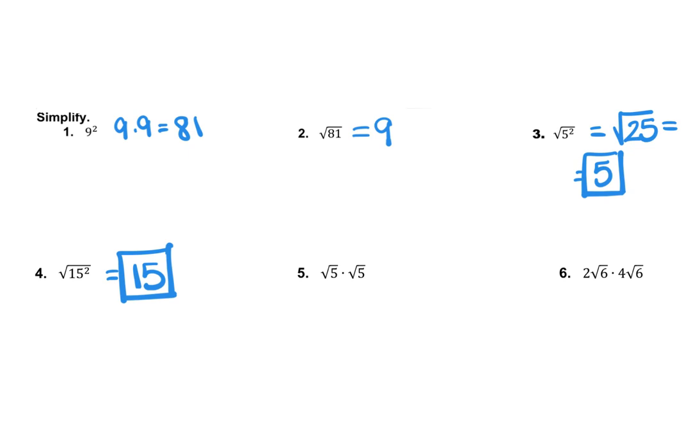All right, so we have then the square root of 5 times the square root of 5. Well, that also would look like the square root of 5 squared. So if taking the square root of something undoes the squared, then taking the square of a square root undoes the square root. So let's take a look at this a little bit more.